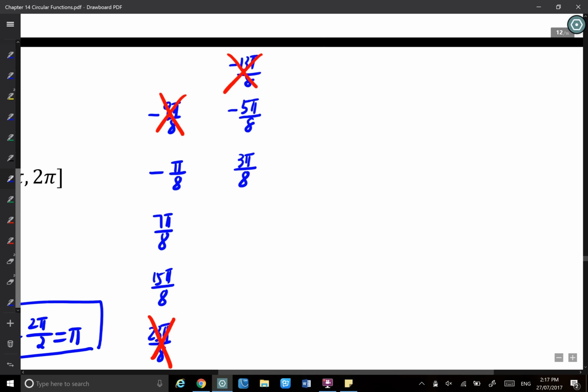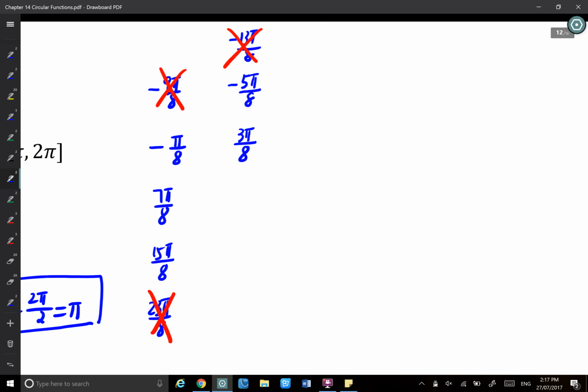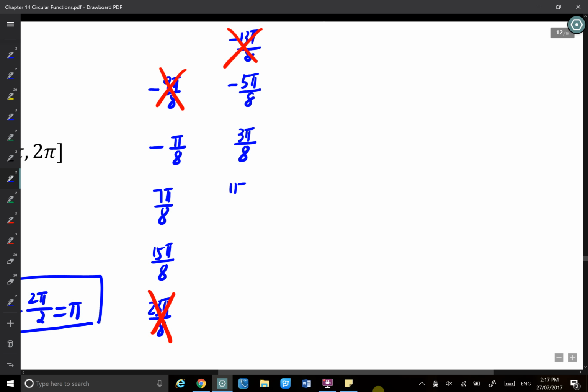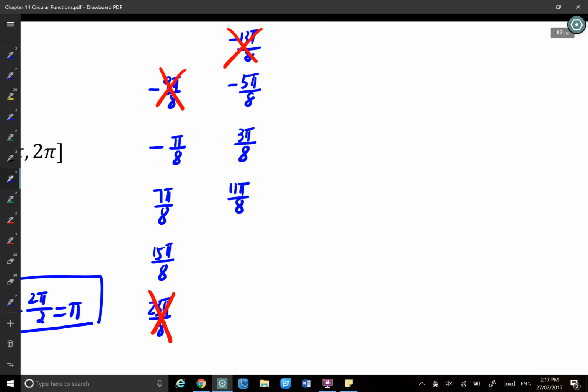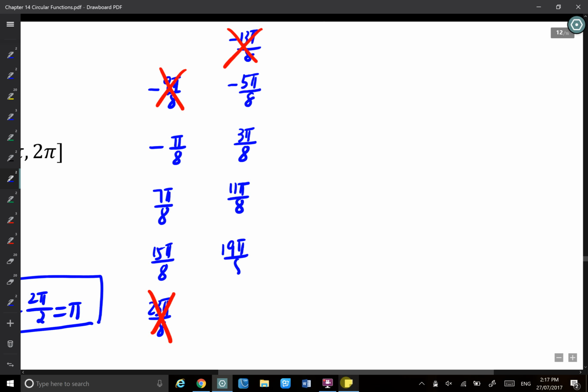Can't have that one. But I can add pi to 3 pi on 8. What is that? 11 pi on 8. Within the domain. Add another one: 19 pi on 8. Is that within the domain? This one's outside.